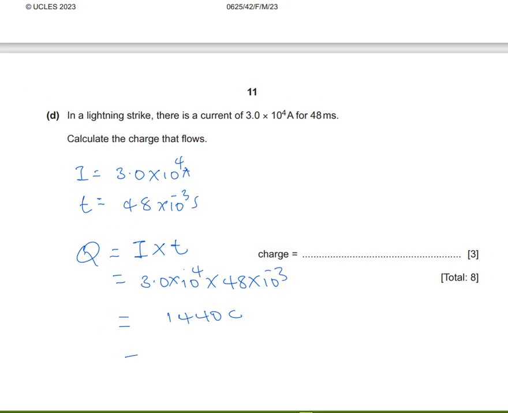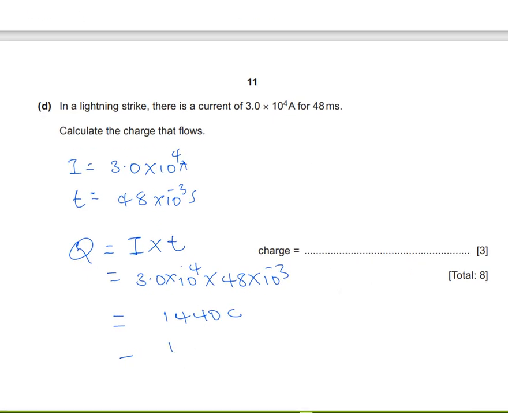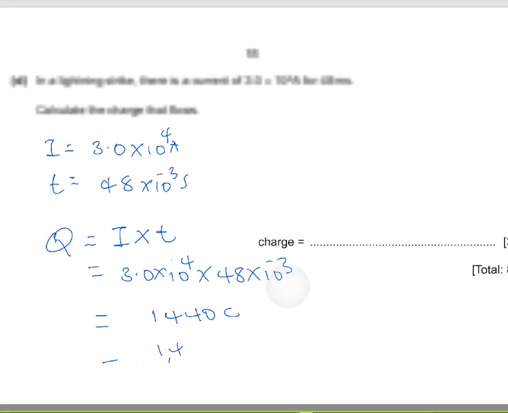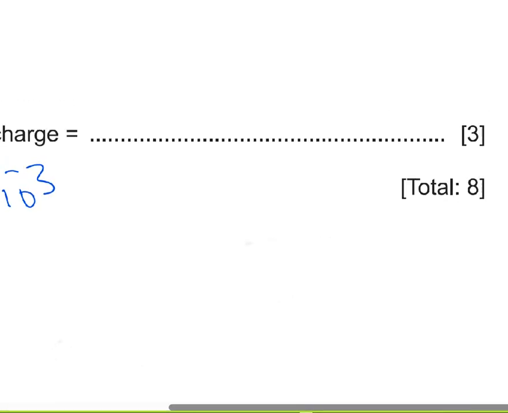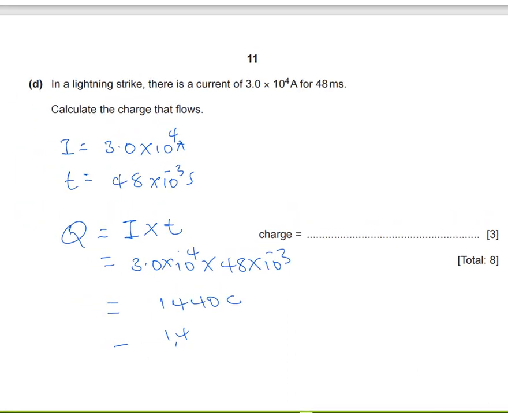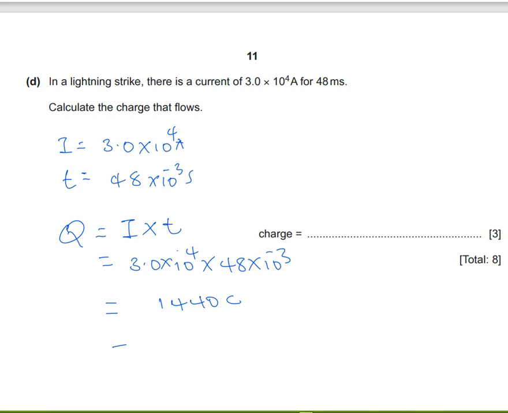To two significant figures, you can write it as 1400 coulombs. Let us go to another number.